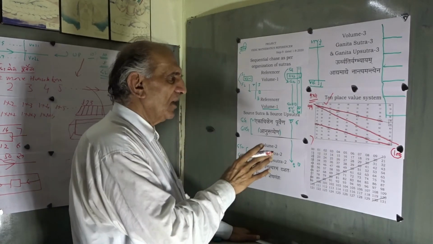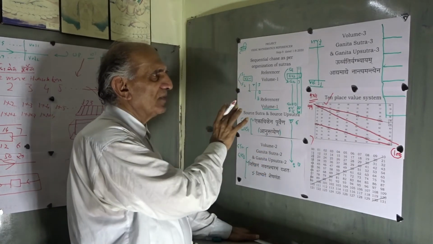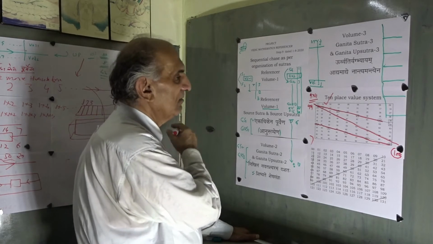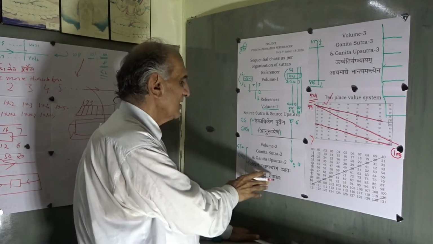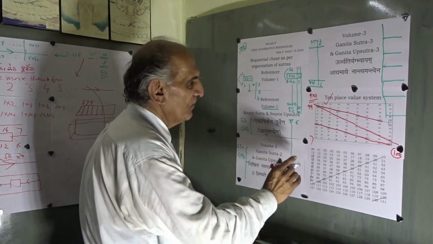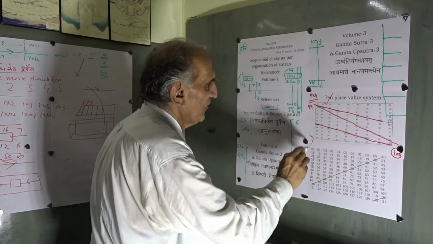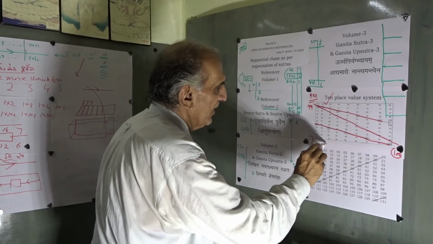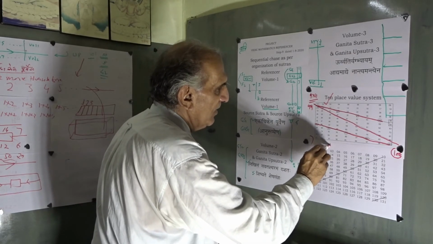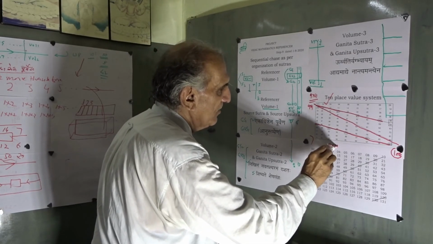But if we have symmetry with us, and we also have the Shishyate Shesh Sangya with us, then we can have an organization. Now instead of a 9 cross 11 grid, we can have an 11 into 12 grid.